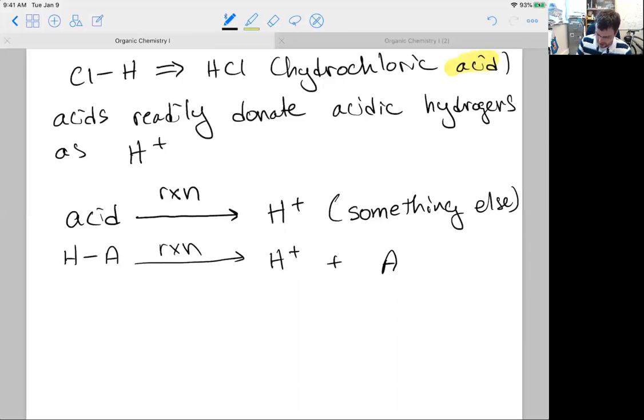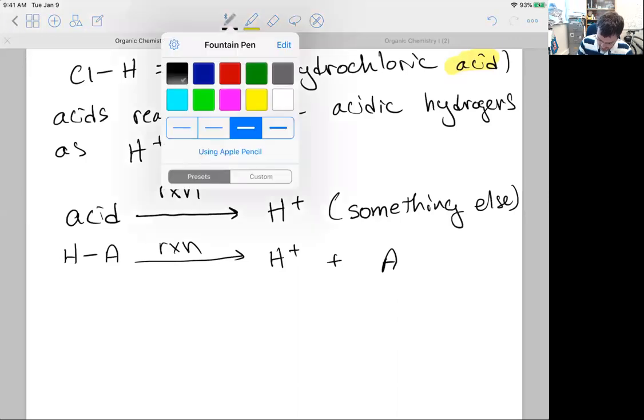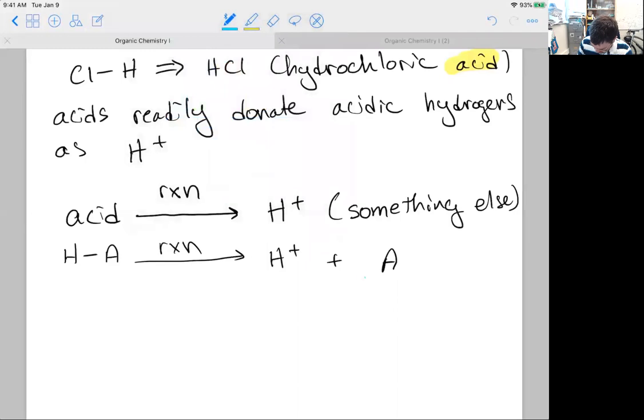Well, we have A, but if you look at this, this is the reverse of what we saw on our previous page of notes. That is to say, the thing that we wrote down on the previous page was this reaction flipped around where we had A reacting with H+ to give us HA.